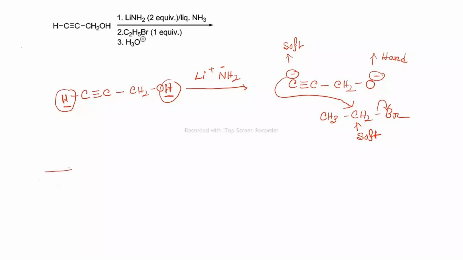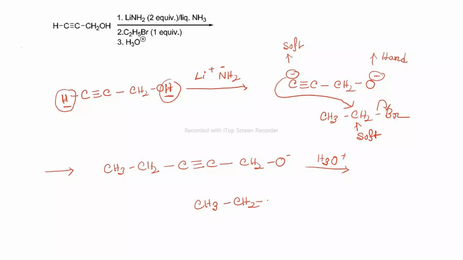So we get CH3CH2, bond, C triple bond C, CH2O minus. After H3O plus, the O minus will be protonated and we will get CH3CH2C triple bond C CH2OH. So our product will be this.